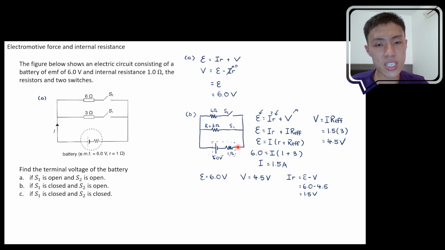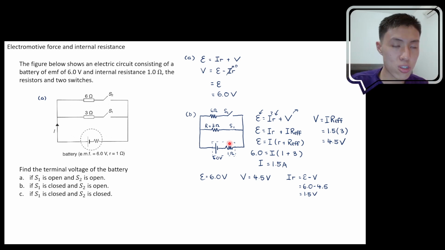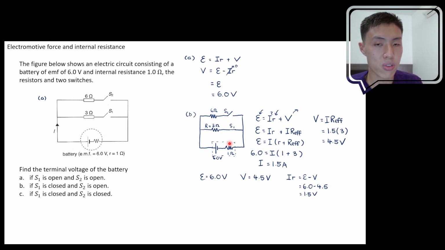So it receives 6 joule, wastes 1.5 just to get through the battery, and is left with 4.5 to be given to the external circuit. That's the idea of how we see EMF, I small r, and terminal voltage. We see EMF as supplied by the battery, we see Ir as what's being used inside the battery, and we see V as what's available for the external circuit.